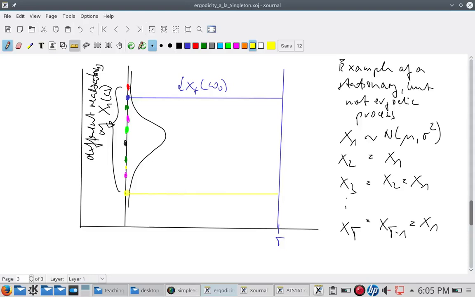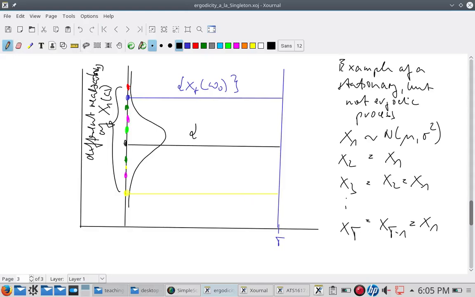Point is, a time series observation does not help us at all to learn something about the process, albeit this is a perfectly stationary process. So at every realization, we would have these straight lines, but they wouldn't help us.